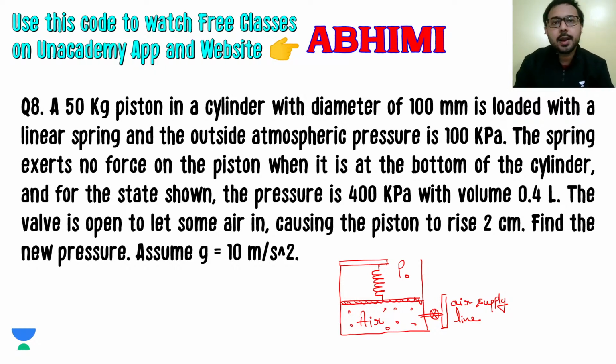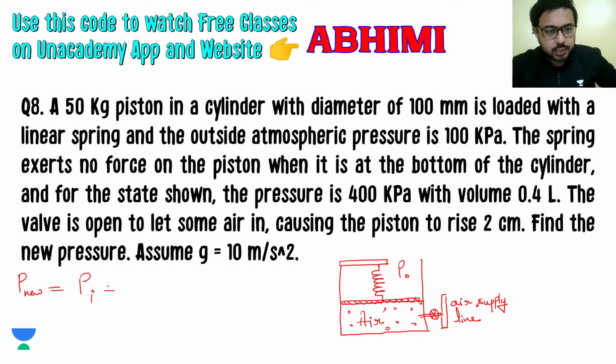Don't take it as 9.81 because you will get a little bit of a different answer. So just taking that assumption and seeing this figure, the new pressure will be the pressure which is initially there plus the pressure which comes now due to the piston moving, or due to the piston compressing this spring.